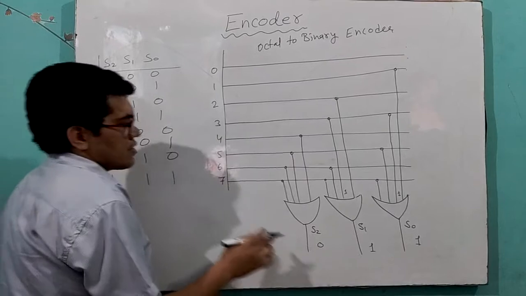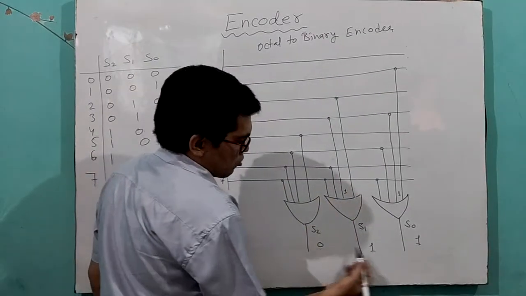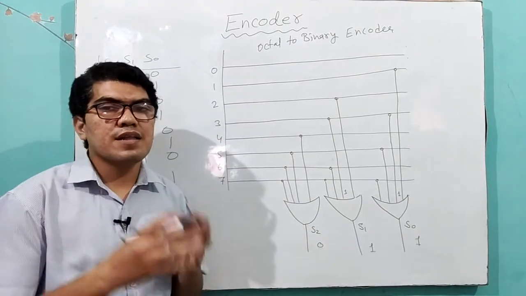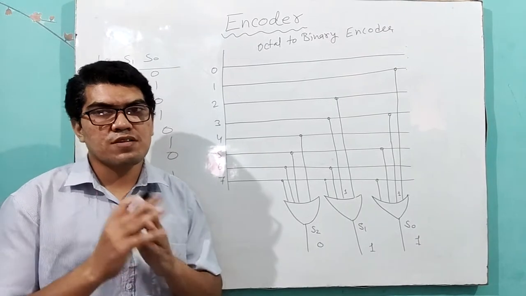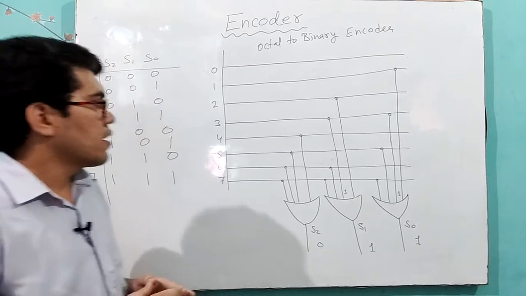So for 3 the output given by this circuit will be 0 1 1, and we know that the binary equivalent of 3 is 0 1 1. So this is how this circuit will work.